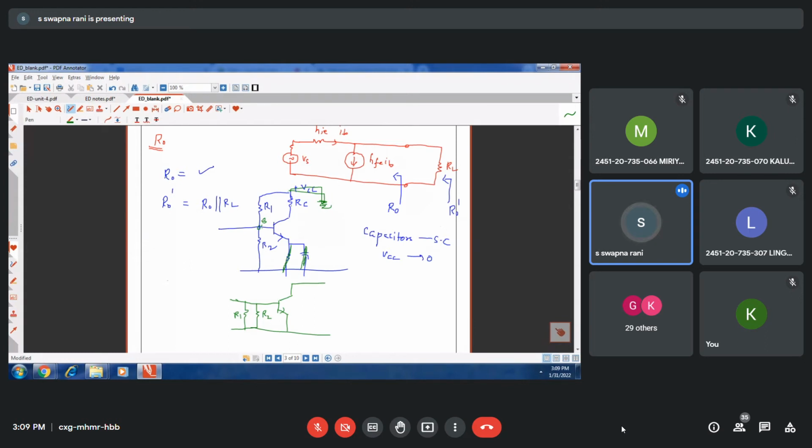And coming to RC, it was connected between collector and VCC, but as VCC became ground, RC must be connected between collector and ground. This is the collector, so RC. And anyhow the load resistor RL will be there.